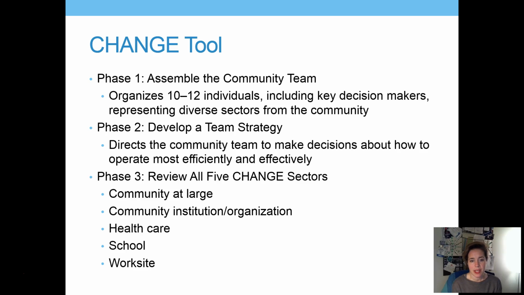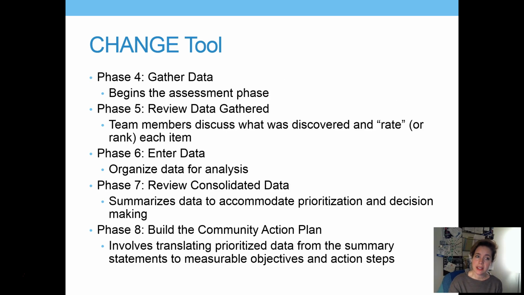So the next piece would then be equivalent essentially to a needs assessment, reviewing all 5 change sectors. And change sectors in this model are spelled out as community at large, community institutions and organizations, healthcare, school, and work site. Hopefully this is ringing some bells with some social determinants, trying to look at the overall picture of a particular community. Next in this tool would be to gather data, so begin the assessment phase.